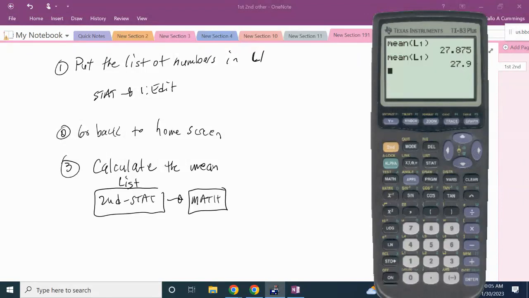Okay, so if you wanted to find the median, I can go back into list and go over to math.